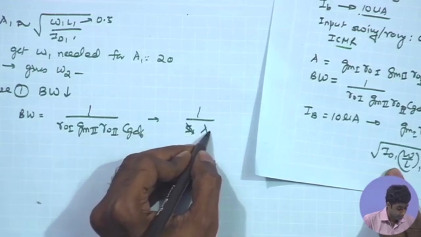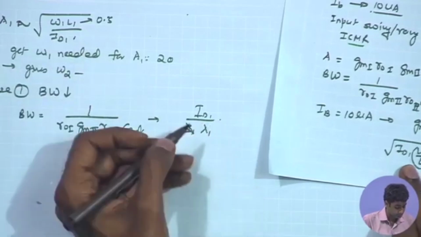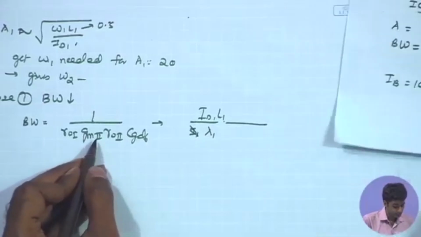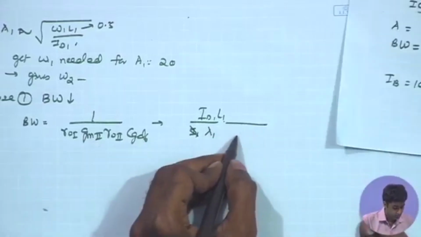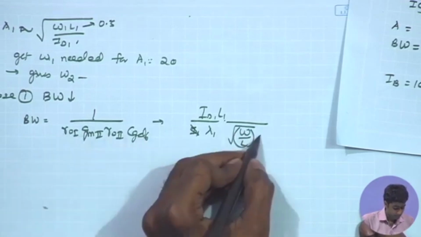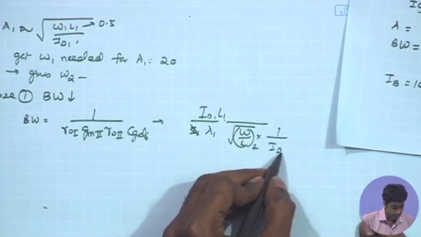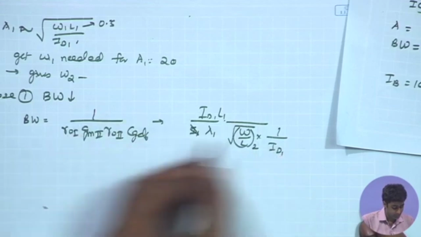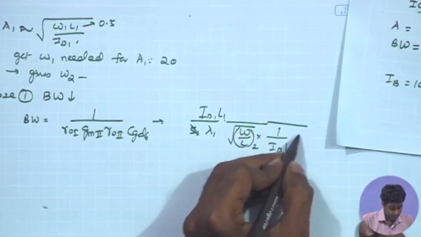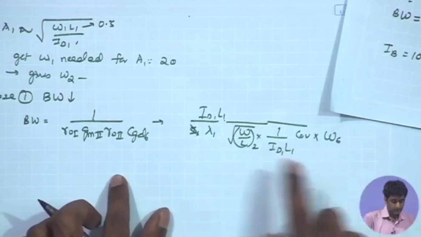So, I have lambda and ID1, which is again our chosen quantity, and this is once again proportional to L, so this is L1, which is also our chosen quantity already. Then I have the GM2, which is going to depend upon root under W by L2, and you have the RO2, which is once again dependent upon ID, which is similar in both the cases. So, ID1 times L1 is also similar in both the cases, and then again C overlap times the CGD6, which is dependent upon W6.